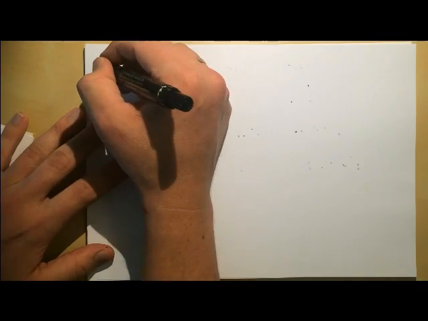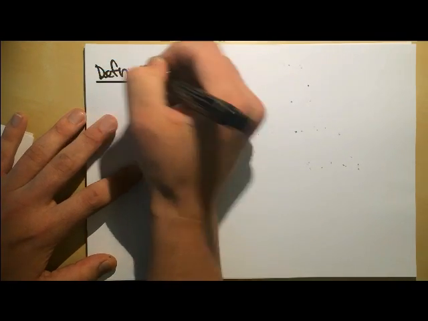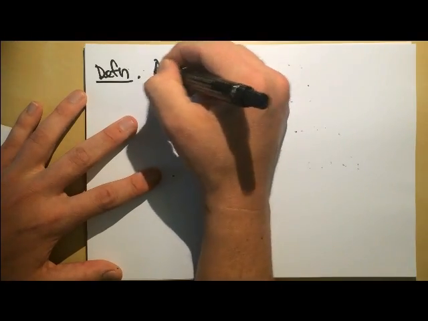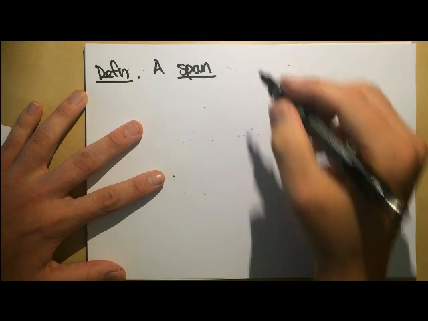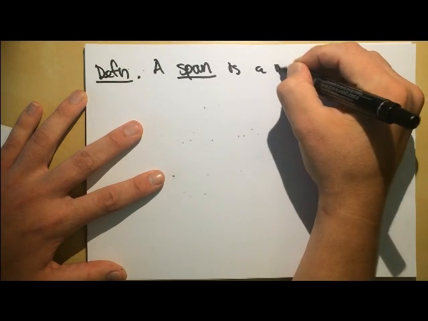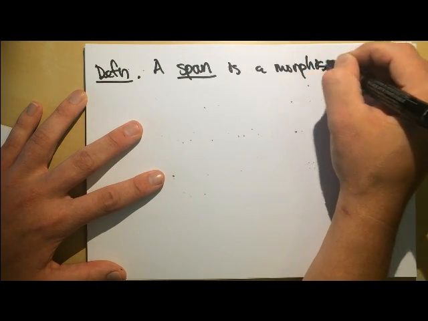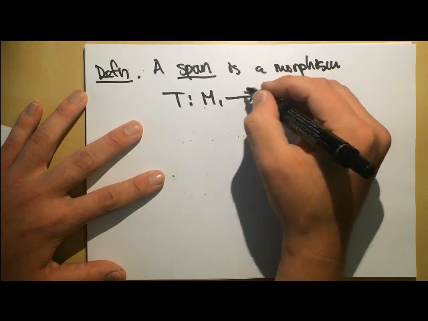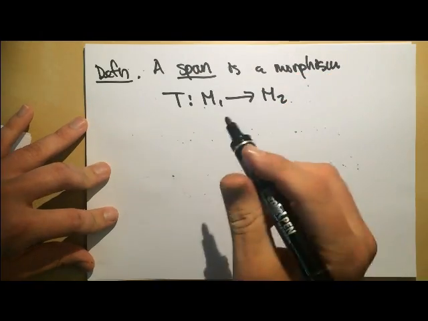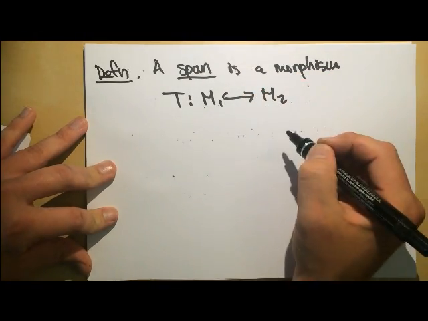So we talked about what an F crystal is. Now I need to define what a span is. So I'm going to give you this abstract notion of a span. Definition. A span, and I think this definition is due to Mazur, is a morphism T of M1 to M2, where this is going to be injective.